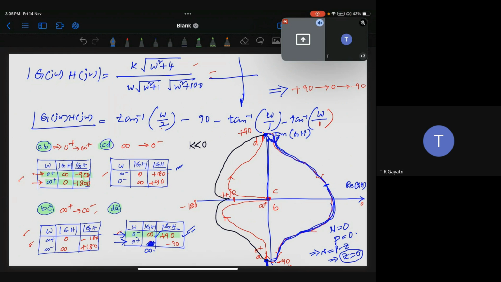Am I correct? So what if this comes like this? Now this is going to encircle the minus 1 plus j0 point, correct? In that case, your n is going to be 1, right? Then p is still 0. Then z is going to be minus 1, which is not equal to 0. Then the system is unstable.